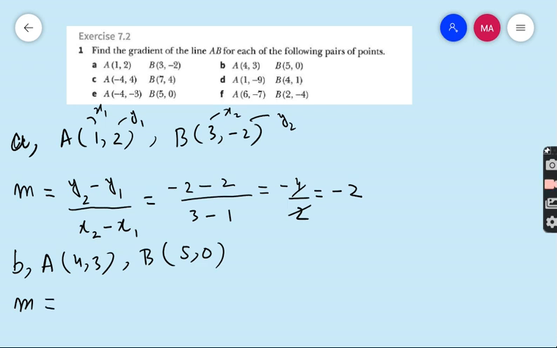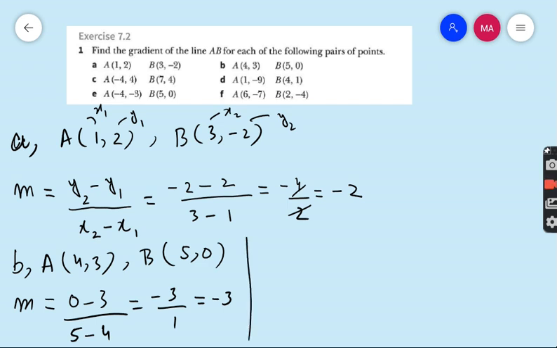This time I will not mention x1, y1, x2, y2 because you already understand the first point represents x1, y1 and the second point represents x2, y2. So y2 which is 0 minus y1 which is 3, upon x2 minus x1, which is 5 minus 4, is 1. So the answer is minus 3. This is the answer of part B.